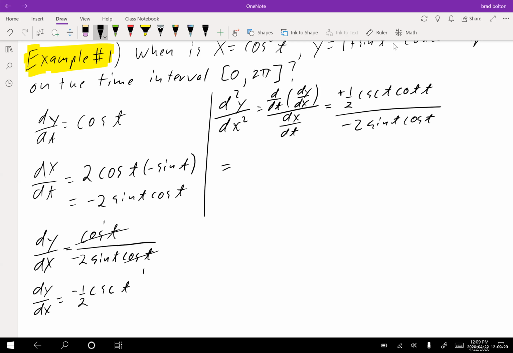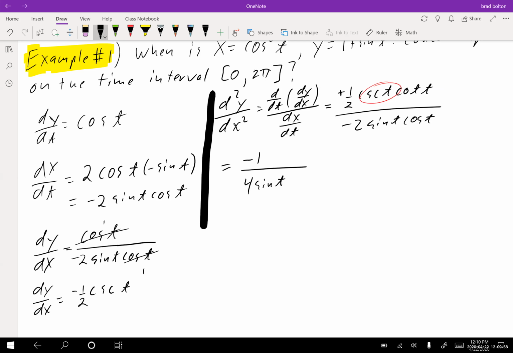So I'm going to do a little bit of cleanup on this. It'll be negative 1/4. Now let's see what's left on top. This is a cosecant of t, so that means in the denominator I'm going to put a sine t. Right here I'm working with the cosecant, and I turn that into 1 over sine of t.